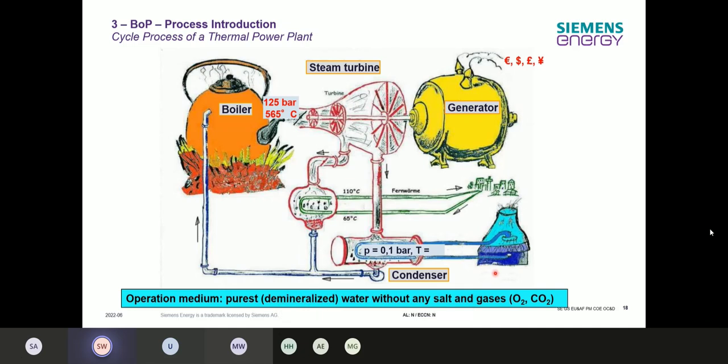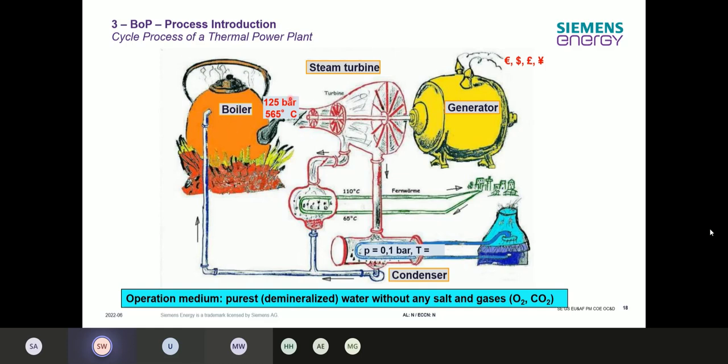So here we have the overview. Starting at the condenser, we have a certain vacuum inside. We're getting condensate out with a pump into the boiler. The boiler will produce our steam, either with a heat source, like a fire or coal burning, or with the exhaust gases from our turbine.